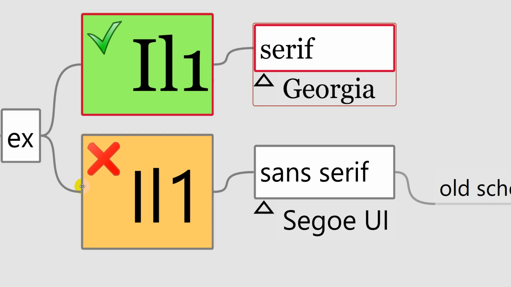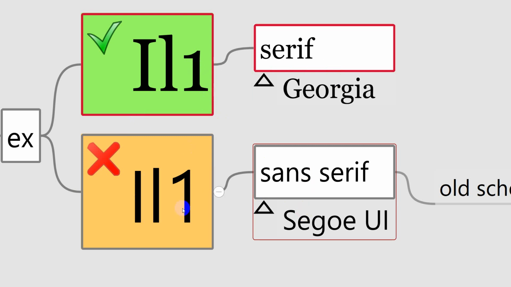So now I'm in the Freeplane mind map, and here's your uppercase I, lowercase l, and the number 1 in a serif font. In this case it's Georgia. But down here, this also is an uppercase I, this is a lowercase l, and that's the number 1. This is in a sans serif font, in this case Segoe UI.